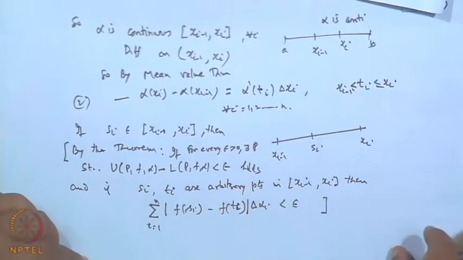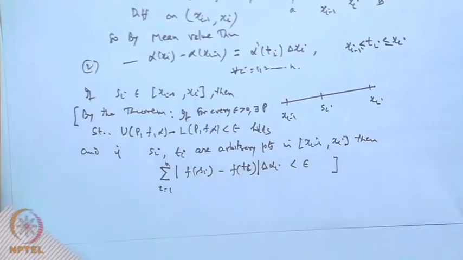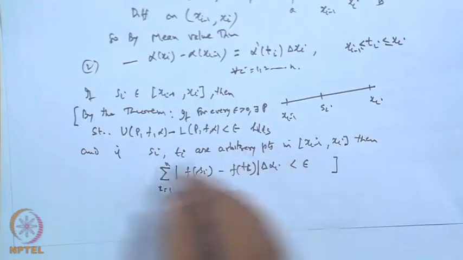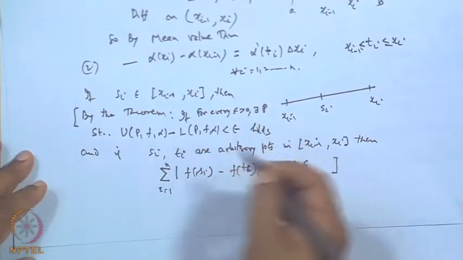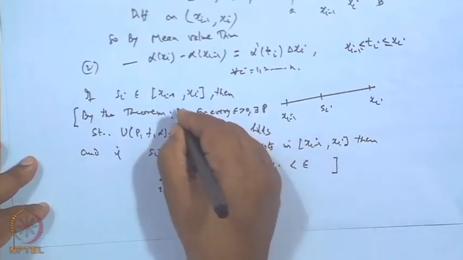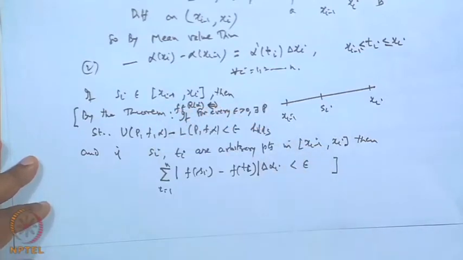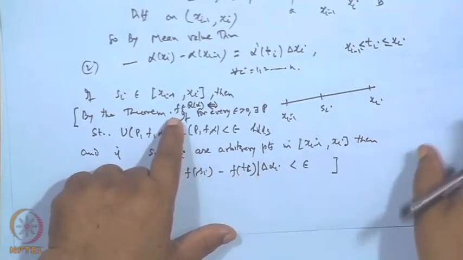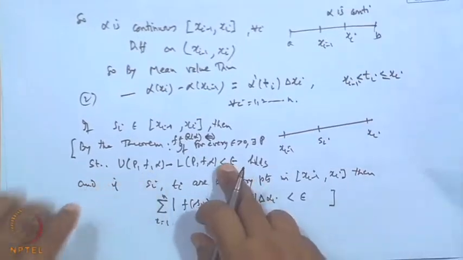One more thing: this shows that f belongs to R(alpha) if and only if this result is true. Here alpha dash is in R, so we can get this result quickly.